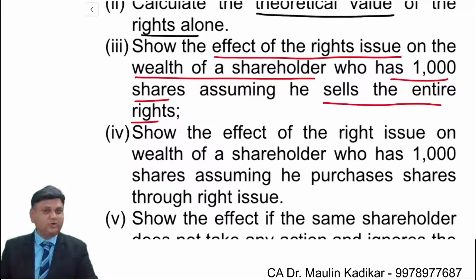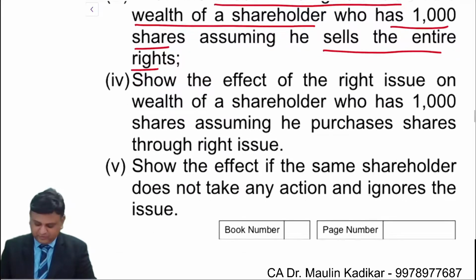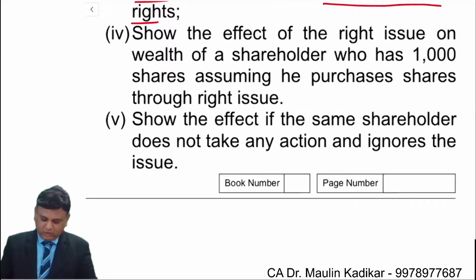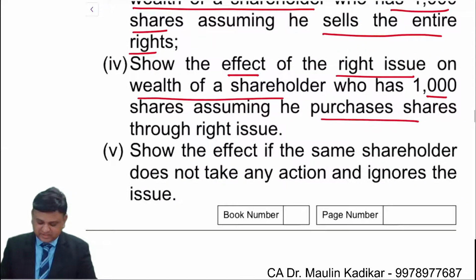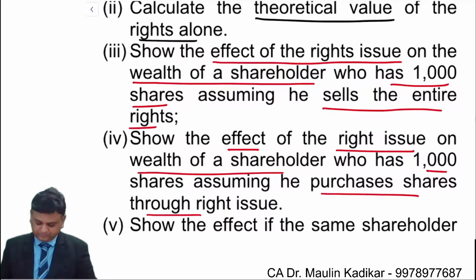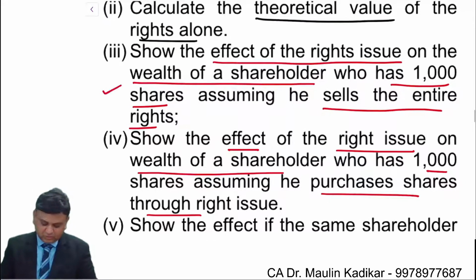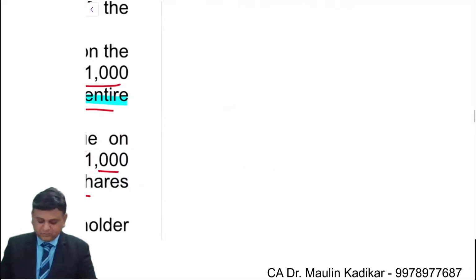Let us have a discussion first of all before we write the answer. Okay, sorry, the third question we have to do first, assuming that he sells the entire right. Then the fourth question, where we'll have only a discussion.